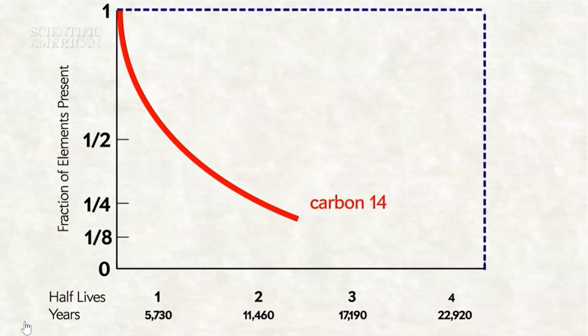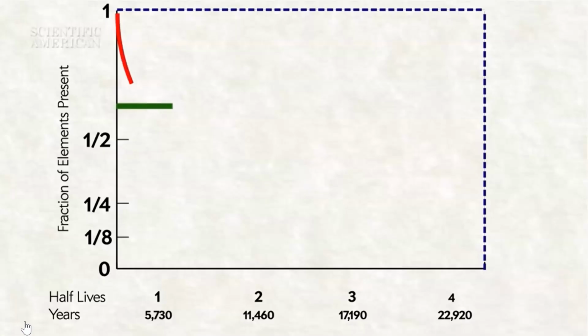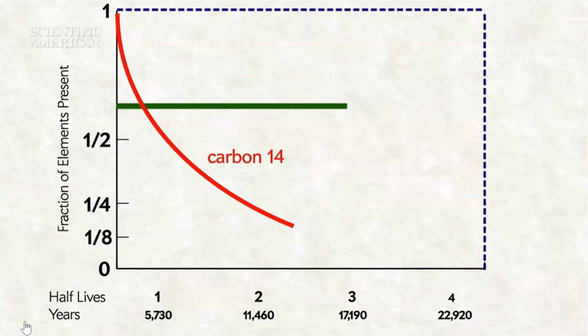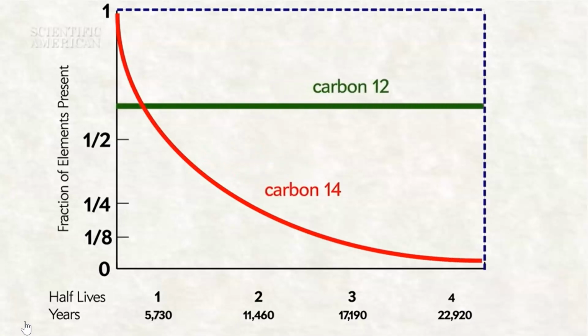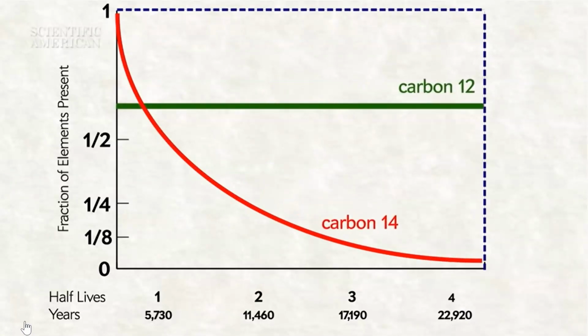And after another half-life, it will have about an eighth. By contrast, the amount of carbon-12 it has in its body will stay the same. By measuring the ratio of carbon-14 to carbon-12, we can measure how many thousands of years have passed since the animal died. Carbon dating works for fossils up to about 60,000 years old. For older fossils, scientists use unstable elements that have much longer half-lives. For Scientific American's Instant Egghead, I'm Michael Moyer.